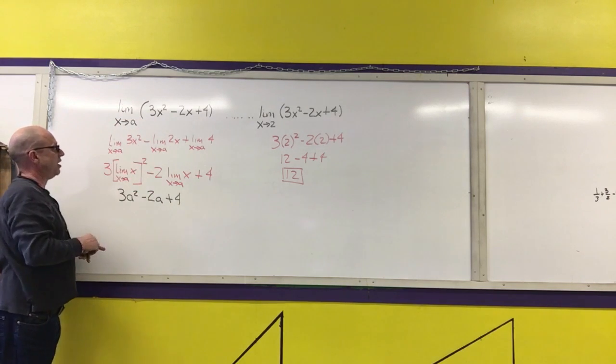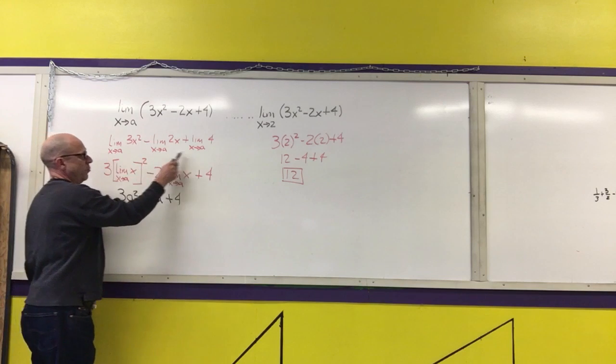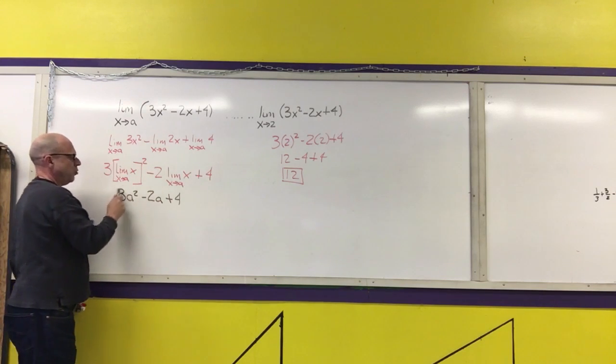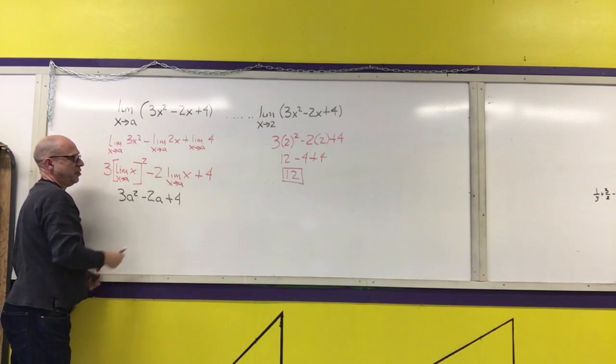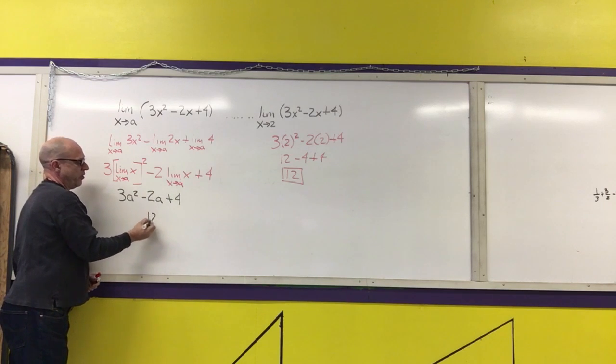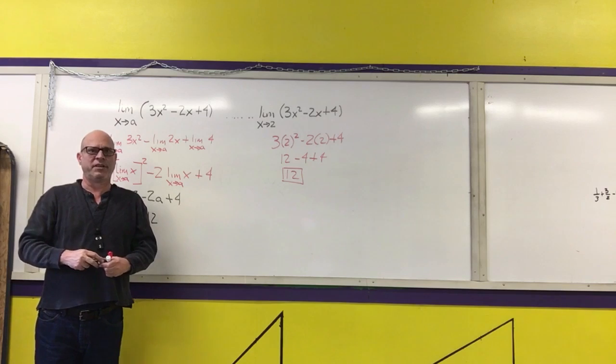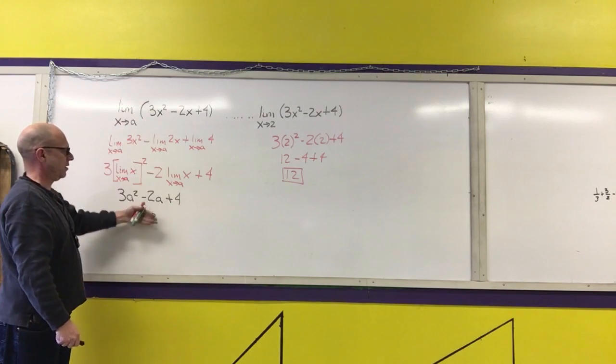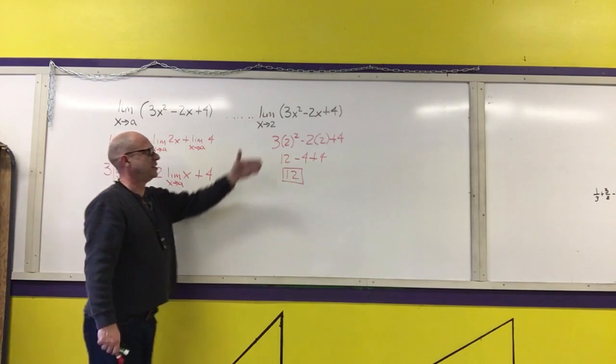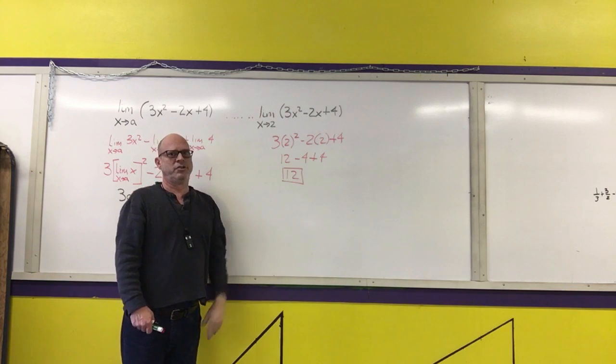And if it was with the number 2, everywhere that I have an a written on these things, you would have actually put the number 2 in, and then your final answer would have been 12. So read the questions carefully, and if it says using properties of limits, you're going to do the work like the left-hand side. And if it just says to evaluate the limit, you're going to do the work on the right-hand side.